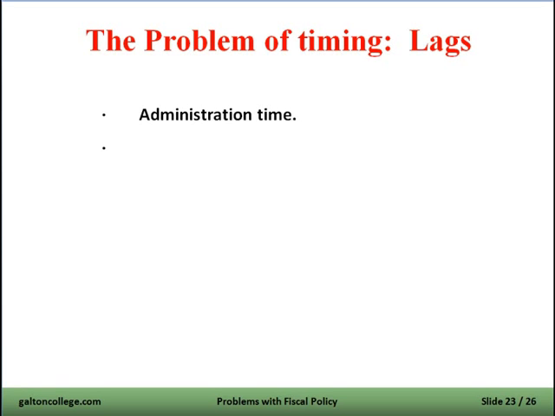It takes time to get the information processed in the various government departments, to get expenditure rolling, to cut taxes, and it needs a decision time. The government has to meet and think about it. So just looking at the data, deciding on what to do, government meets, makes decision, consults with experts in the area, it all takes time.